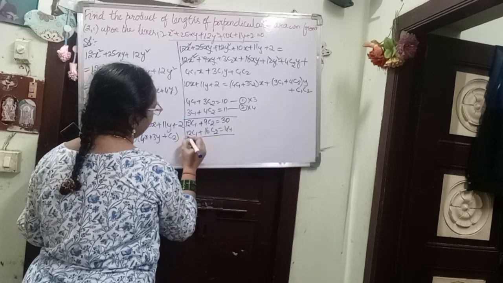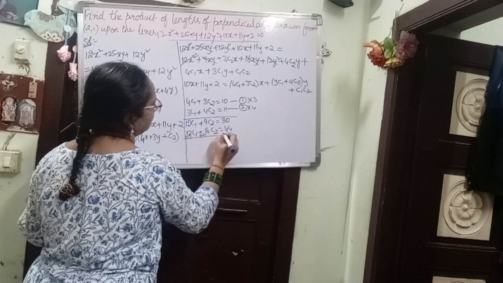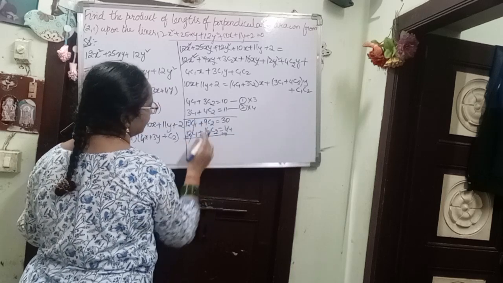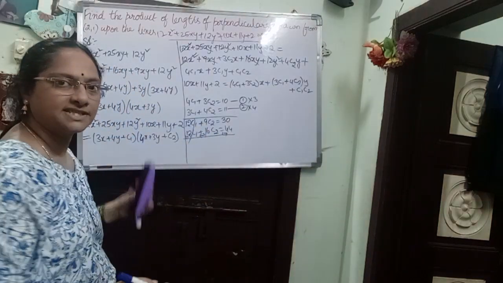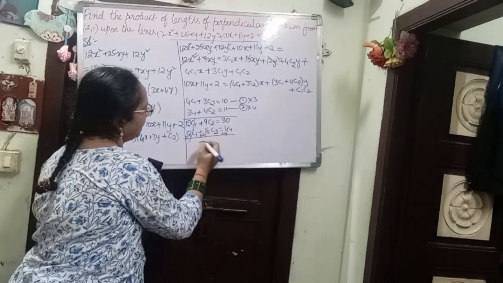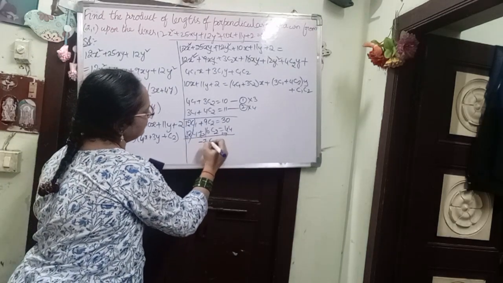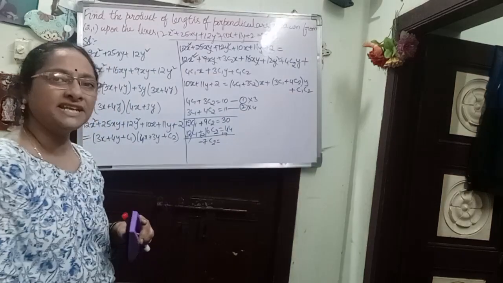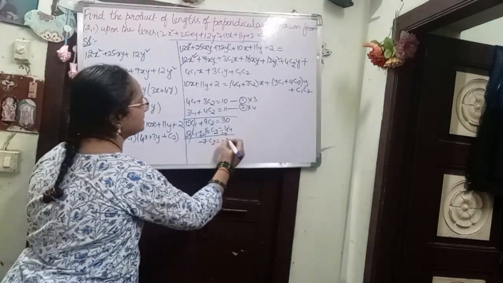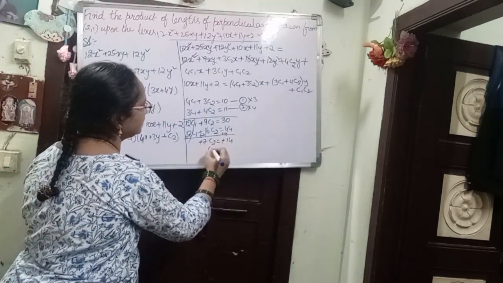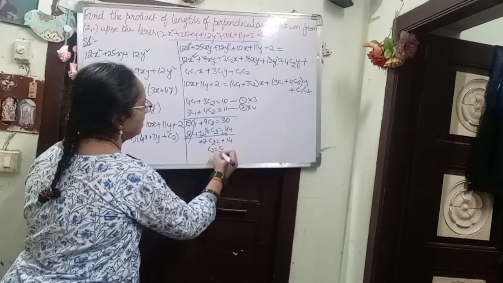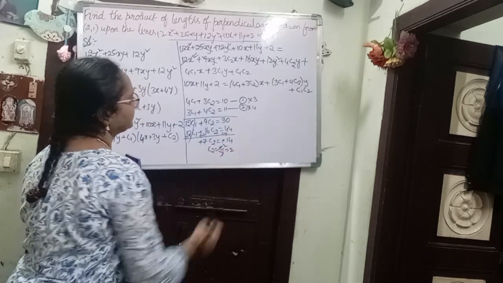Now subtract. These two get cancelled. 9 minus 16 gives minus 7c2 equals minus 44 plus 30, which is minus 14. Minus minus cancel, c2 equals 14 by 7, which equals 2.